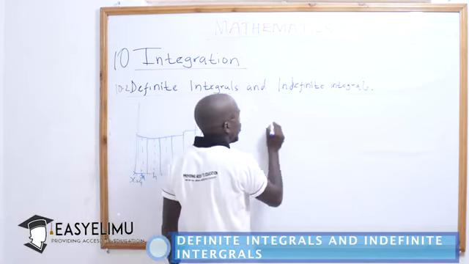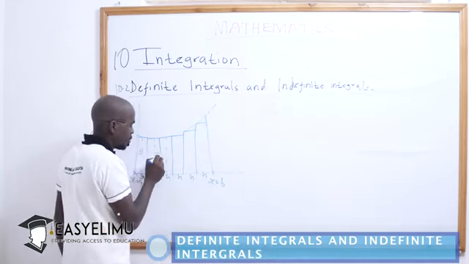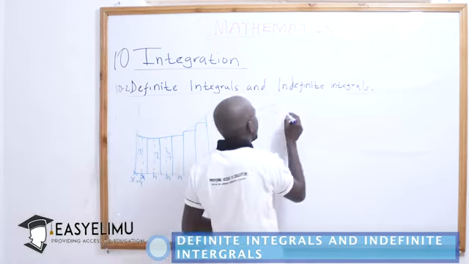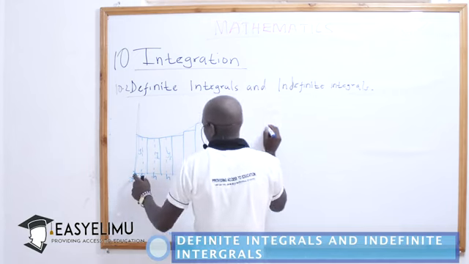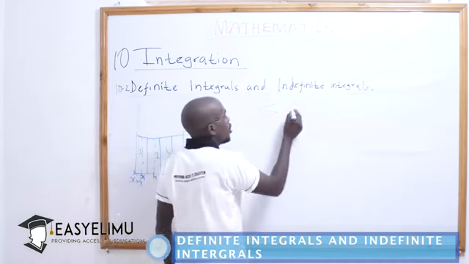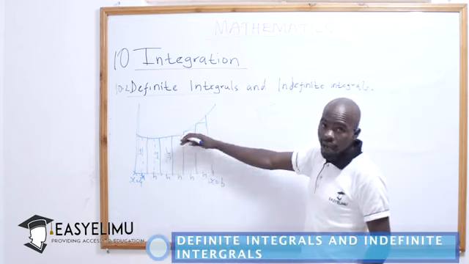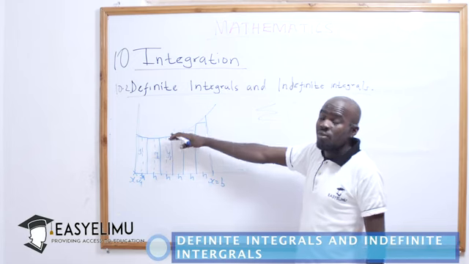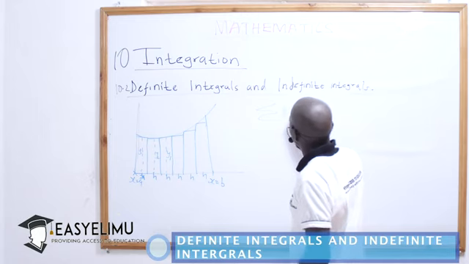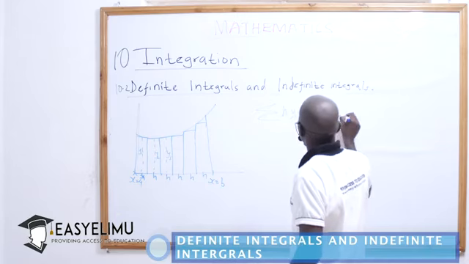If this is y1, y2, y3, then you sum up all of it, from x equals a to x equals b. You sum all the areas which are underestimated under the curve, like h times y1 plus y2 plus y3 up to yn.